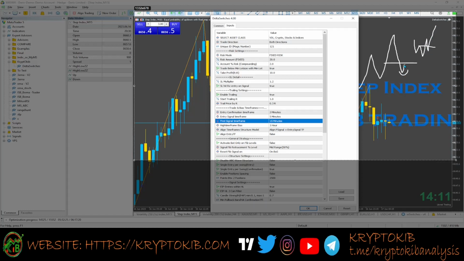Sometimes it can also be the same pattern as this entry signal, which means if this has given us an engulfing, which means 5 minutes in this case is forming a bottom, then we want to go to whatever time frame we set here to make sure it's also forming a bottom, either a change of momentum, break of structure, or whatever it is.